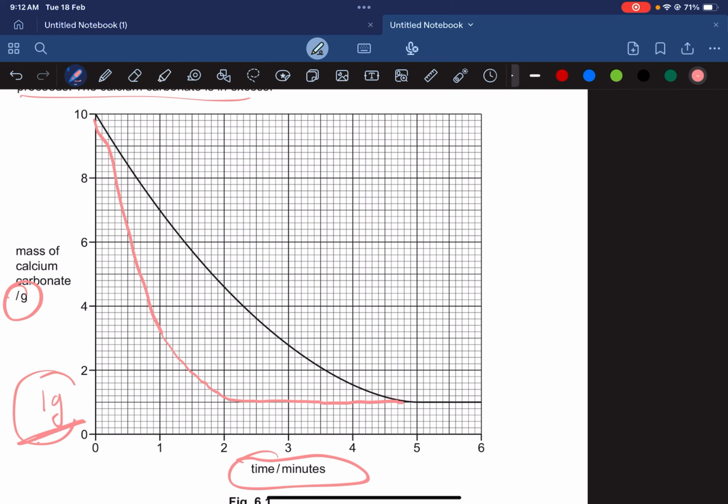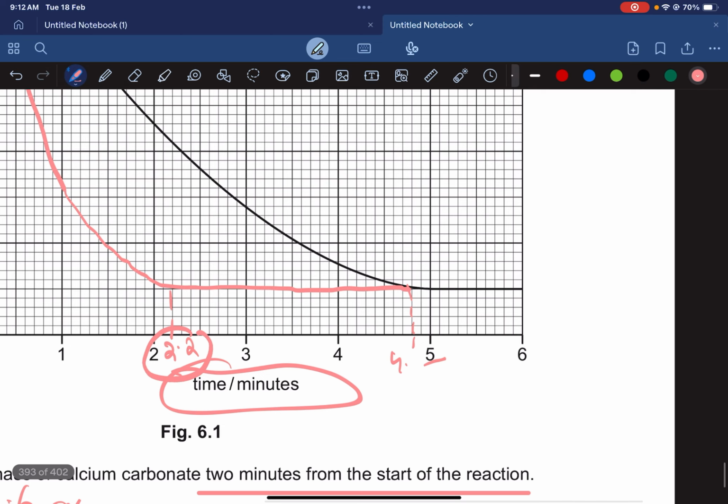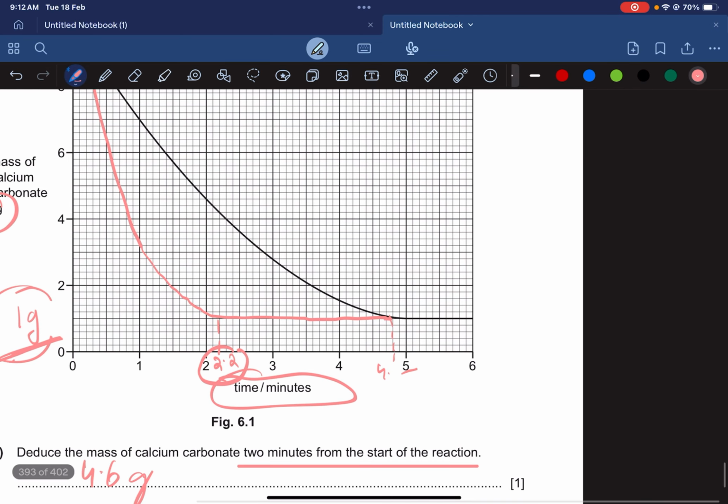That means now the reaction is ending over here, at 2.2 minutes, and over here the reaction was ending somewhere at 4 point some minutes. Okay, the reaction ended almost 2 minutes earlier, but the amount of calcium carbonate remained the same. The amount we cannot change with temperature.